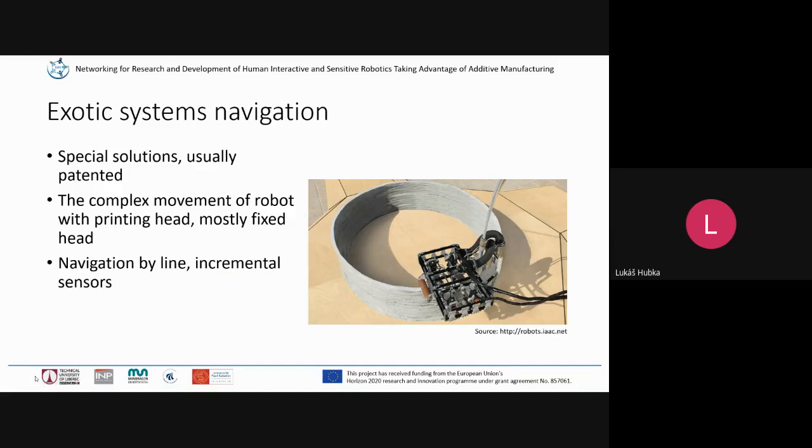These solutions are really special, usually covered with a lot of patents, but with questionable commercialization and questionable application. The movement of the whole robot is complex. Sometimes it's moving the whole robot with the printing end. So, for example, in this case, there are really specific requirements for the concrete, because it needs to hold the whole robot.